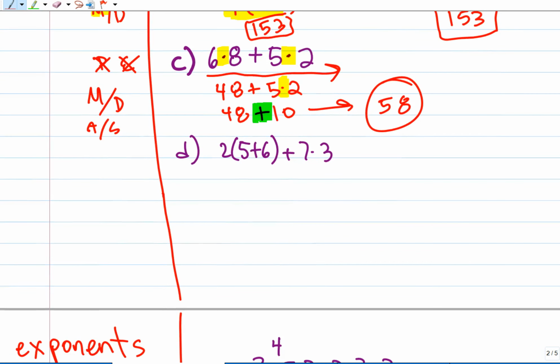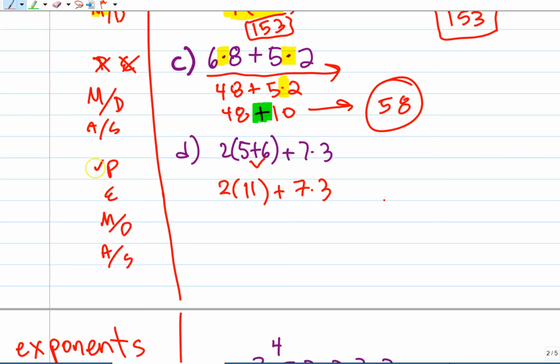As we keep going, we have parentheses. How about parentheses, exponents, multiply, divide, add, subtract. Inside the parentheses, we have 5 plus 6, so we'll handle that first. 2 times 5 plus 6 would be 11, plus 7 times 3.